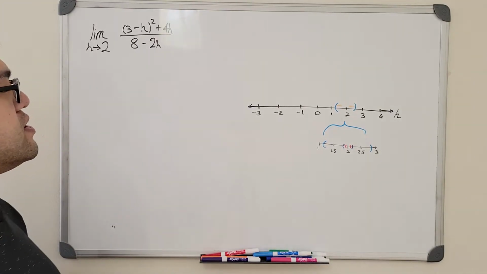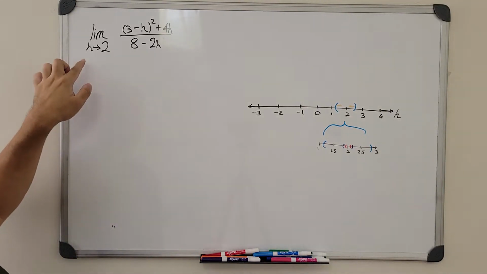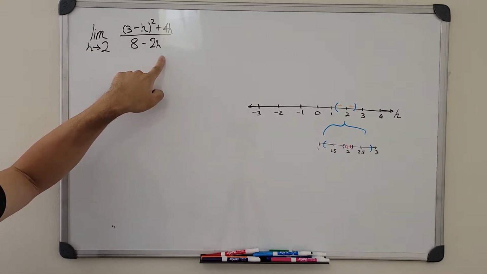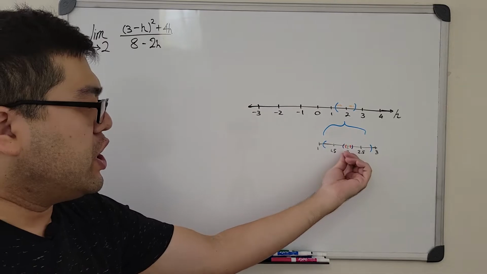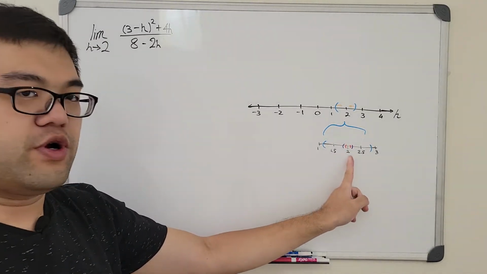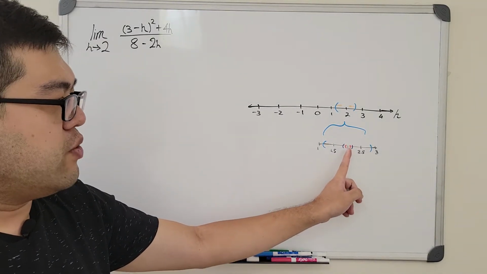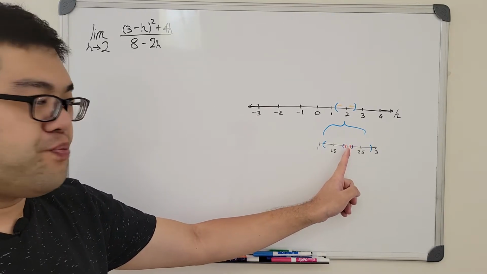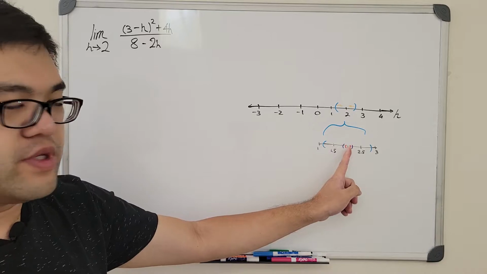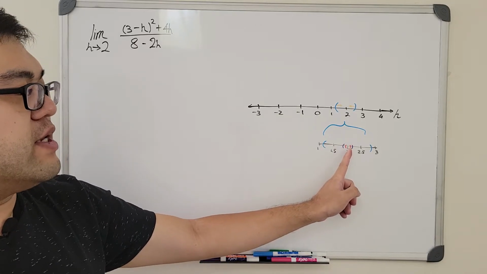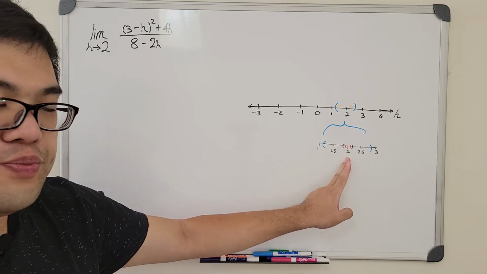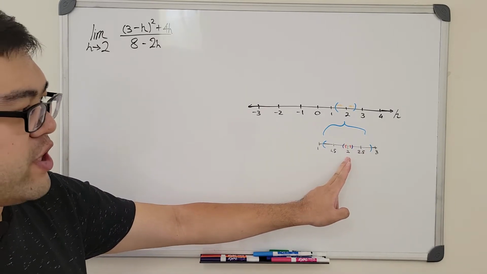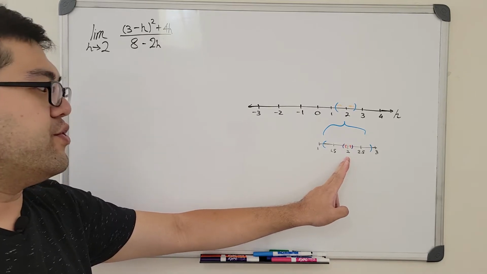In this case, we're saying that the variable h is approaching the number in the center of the neighborhood, because if we choose some value for h inside the interval, it gets closer and closer to 2, and eventually we can get as close as possible.